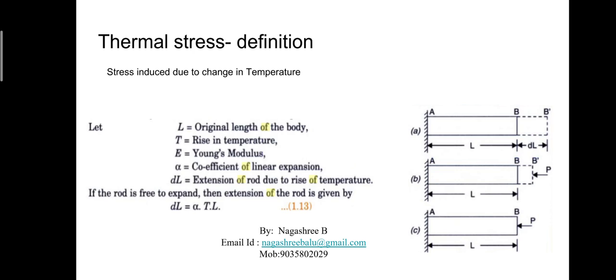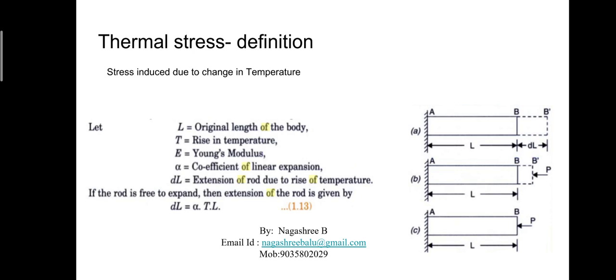If the rod is allowed to expand freely, then the extension of the rod is given by dl equal to alpha T times L. So if the rod is allowed to expand freely, the total extension will be dl equal to alpha times TL.